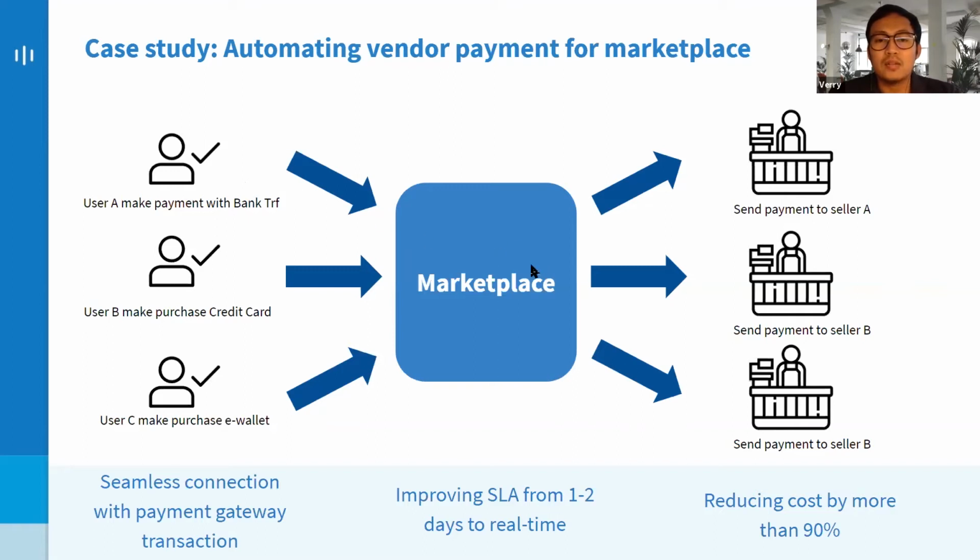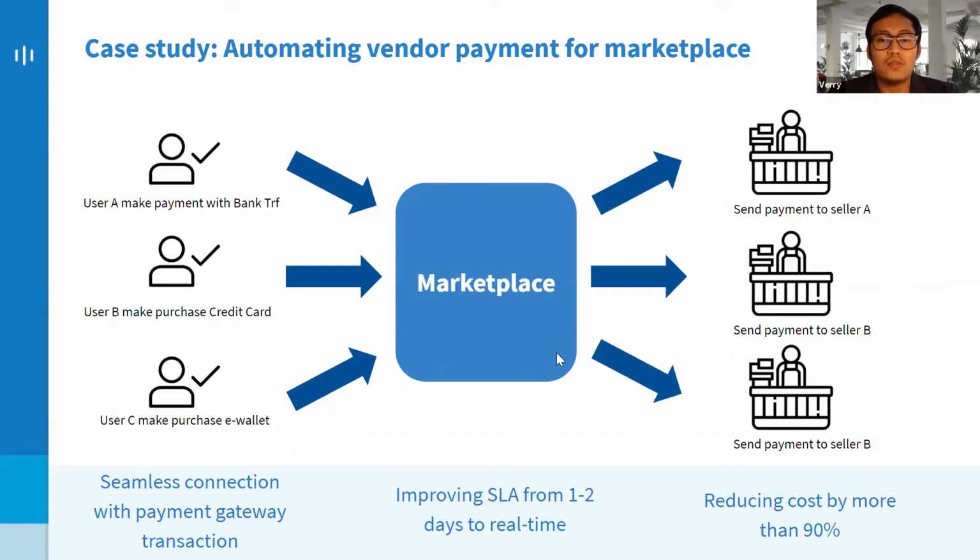Then the marketplace will utilize Iris to make the payout to each individual seller, right? The payout could be daily, weekly, or monthly. It depends on the SLA of the marketplace, right?